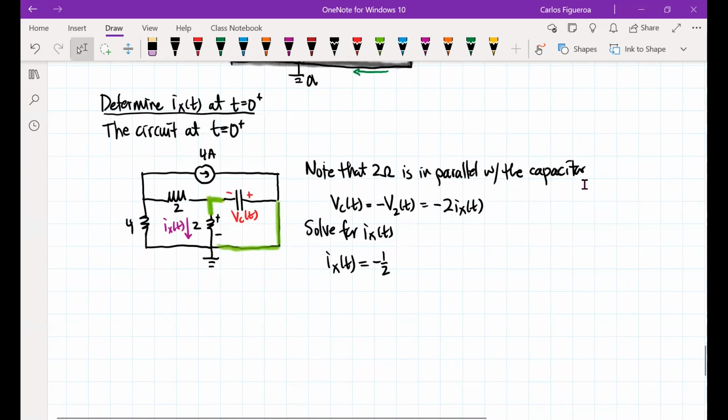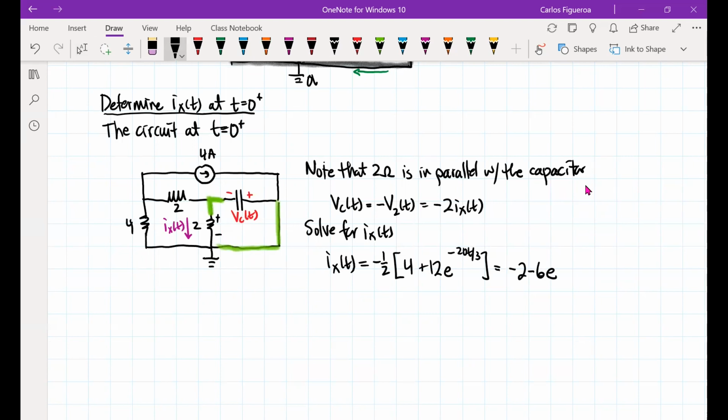So then I'm going to put in my 4 plus 12 e to the minus 20t/3. And so that gives me a value of minus 2 minus 6 e to the minus 20t/3 milliamps, and that is Ix of T. So I now know what that is.